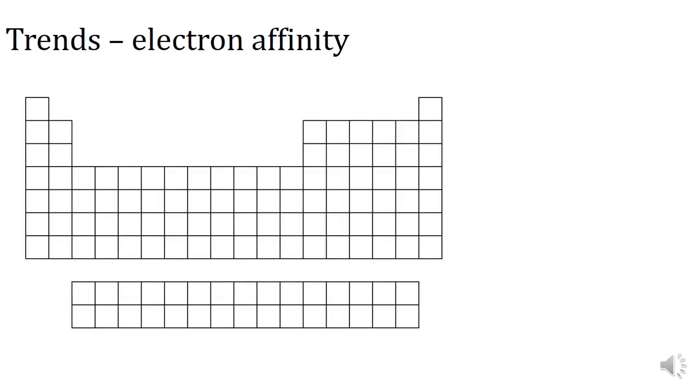All right, so electron affinity. Again, let's start by looking across this row, but let's put elements to it. We've got lithium here and fluorine over here. In terms of your general knowledge about how these things react, fluorine reacts by gaining an electron. It wants to gain that electron.